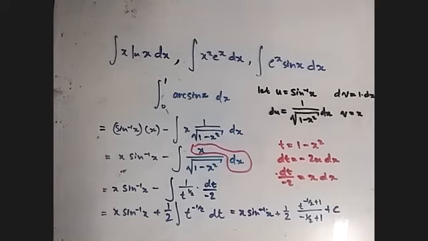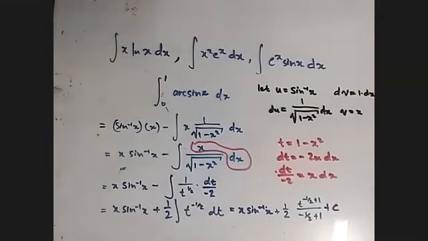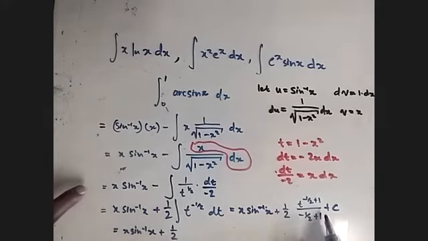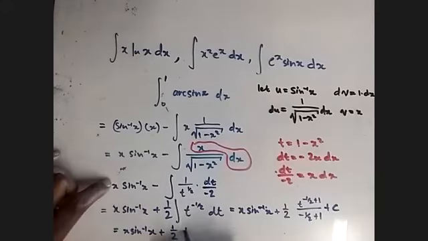From here, I'll trust you guys to do this and tell me the solution. Oh, no, let me just have x sine x plus, now if you check clearly, you're going to have 1/2 and then this whole term. I have t to the half, divided by 1/2, because minus 1/2 plus 1 is just 1/2, plus c.